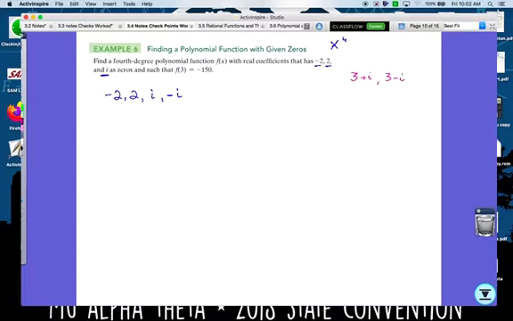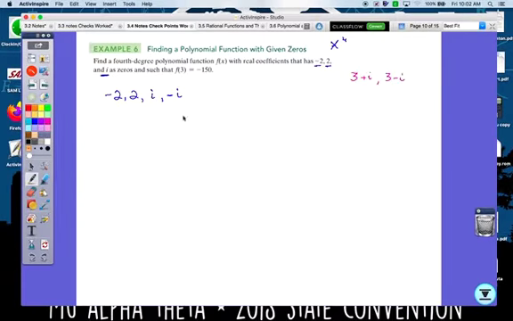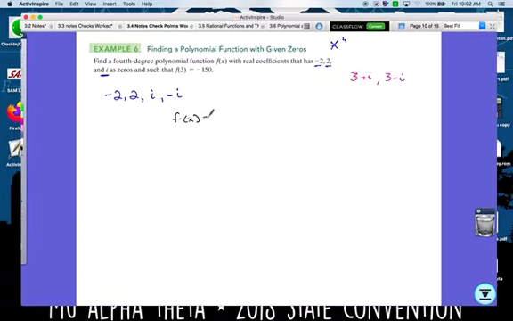Okay? And so what you're going to do is write out f of x is equal to, you're going to write a. All right, and the reason we've got a is because we need to make sure that this is true. So there might be a number in front that scales the whole thing. So we'll just put the a and leave it there, and we'll figure that out at the end. All right, and then for each of our zeros, we're going to say x minus that.